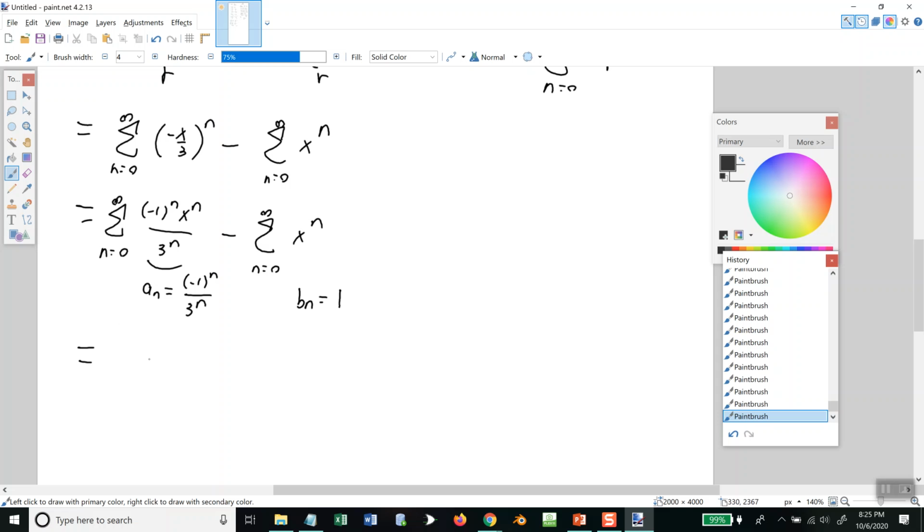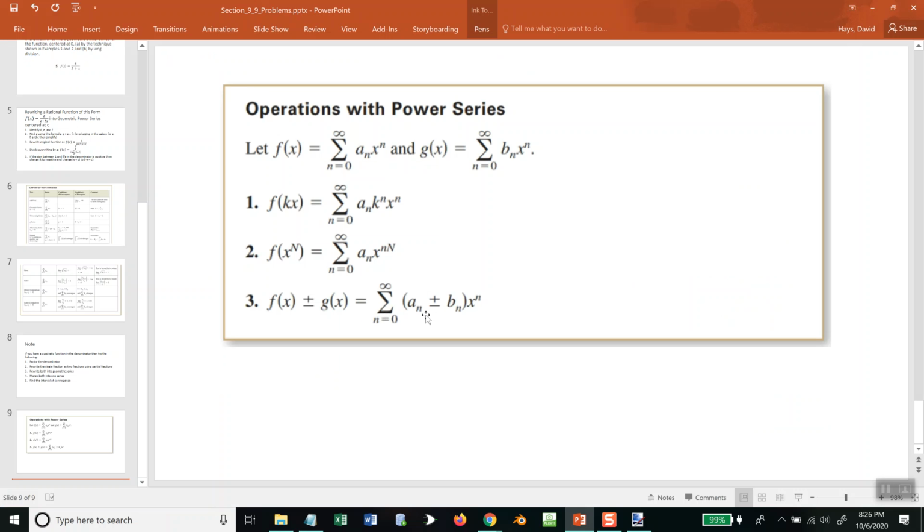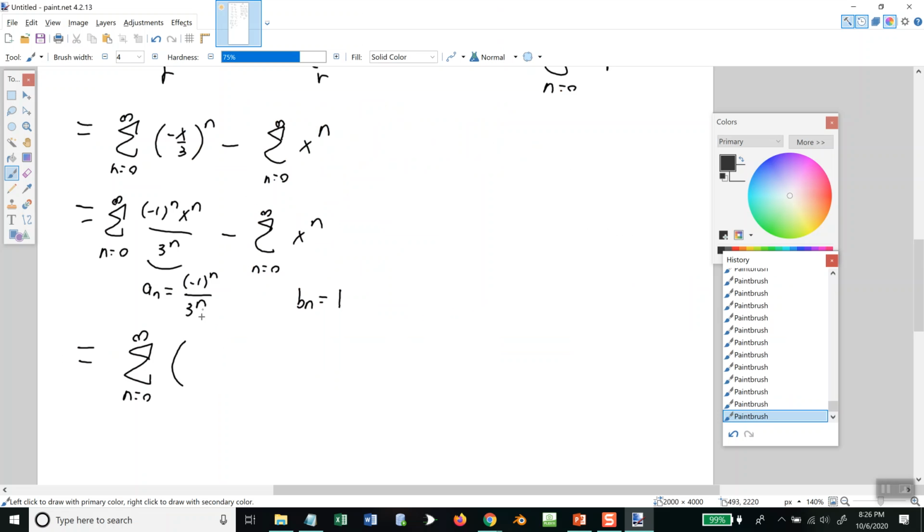So when we merge these together, I'm going to have a sub n plus or minus b sub n. So I'm going to have -1 to the n over 3 to the n minus 1, times x to the n.